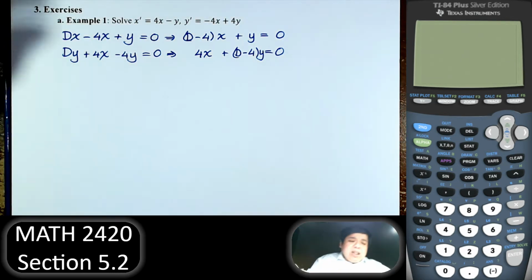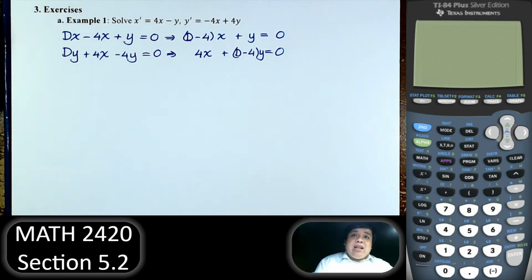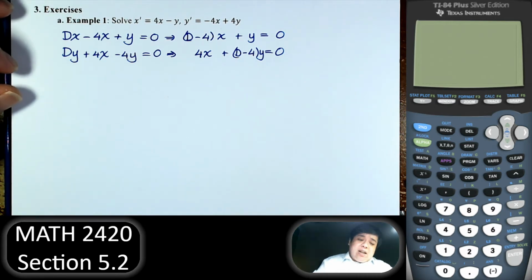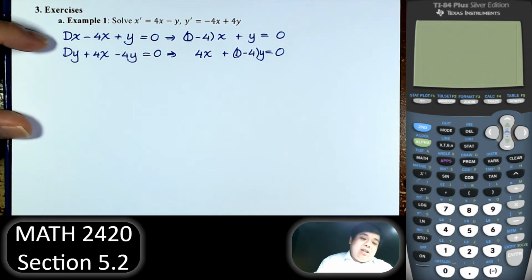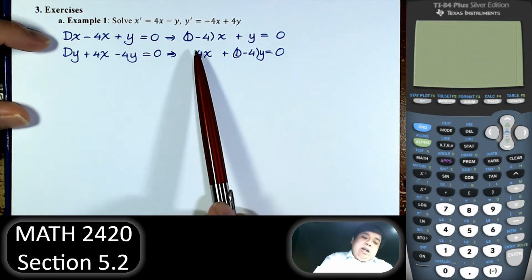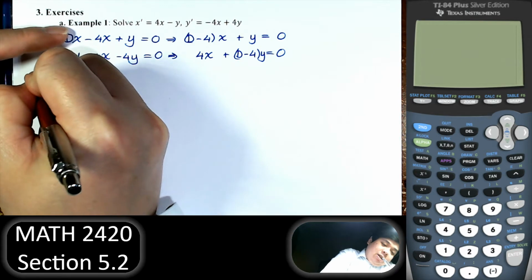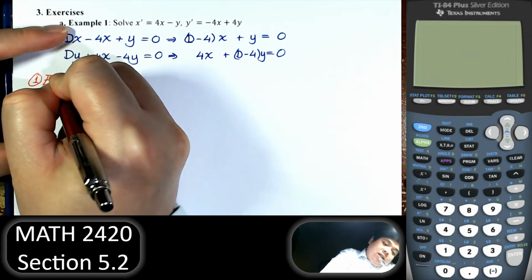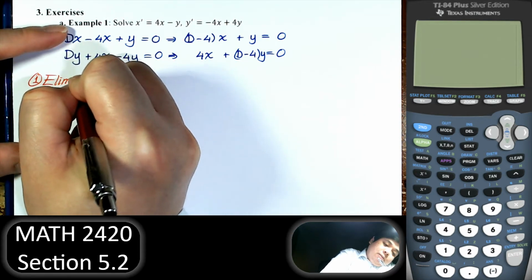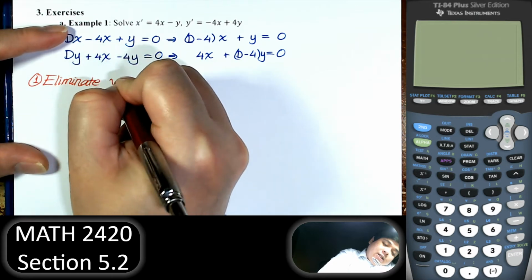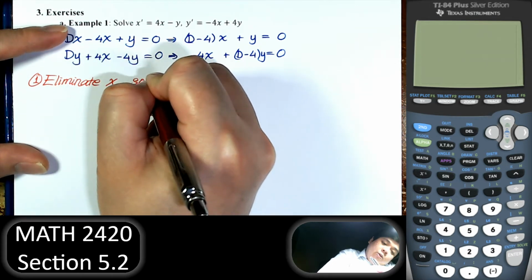Now, here we have two options: eliminate x and solve for y, or eliminate y and solve for x. Let's eliminate x and solve for y. So from this one, we try to eliminate x. So let's just write out the steps. We want to eliminate x and then solve for y.